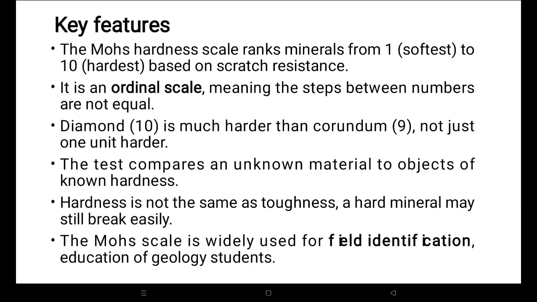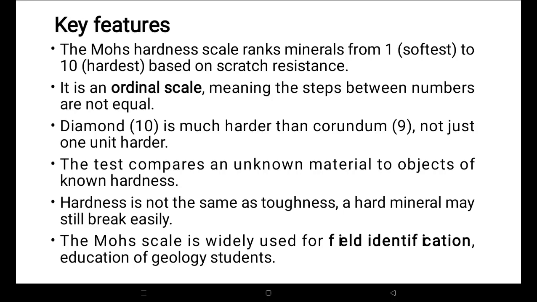But this is not the fact in the true case. Corundum's hardness on the absolute scale will be something more, and diamond will have something like 100 times higher hardness. So this is not the true hardness. This is an ordinal scale.